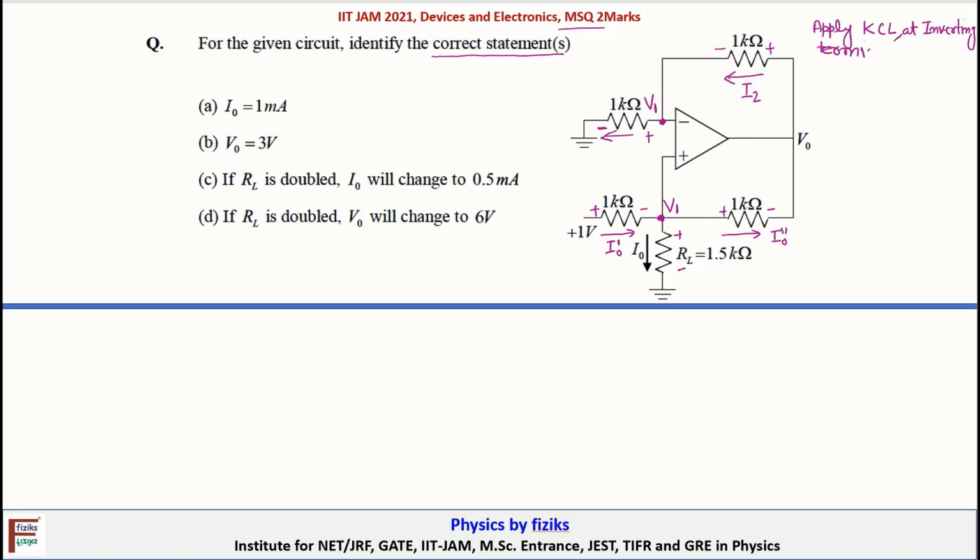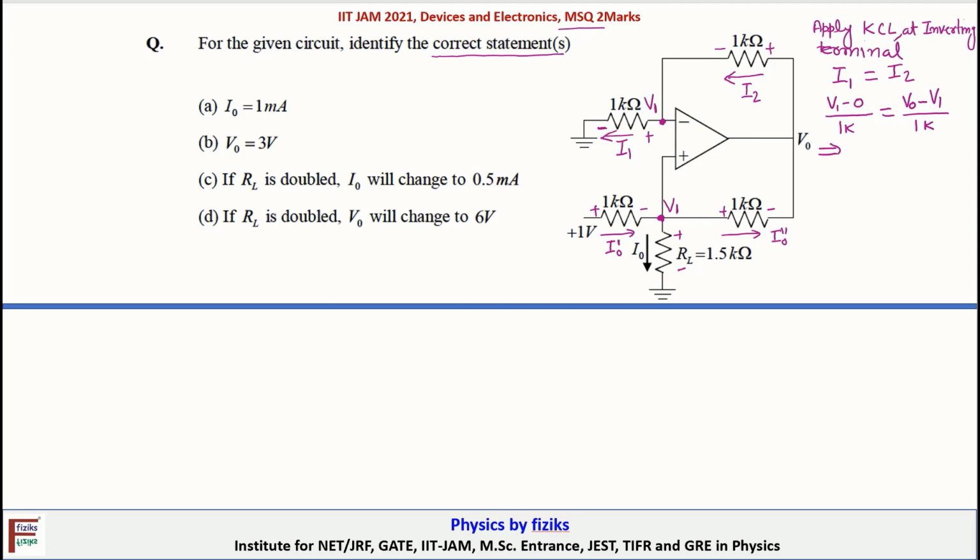You have to take this current as I1, so we will get I1 is equal to I2. I1 will be (V1 minus 0) by 1K and I2 will be (VO minus V1) by 1K.